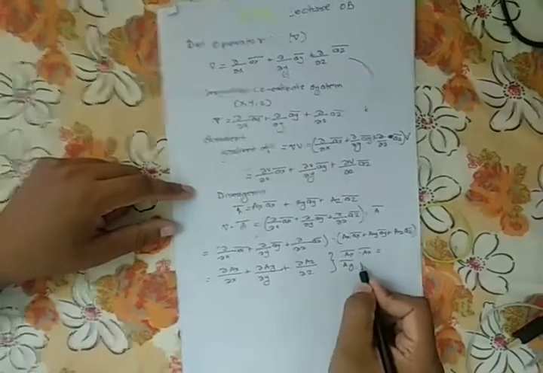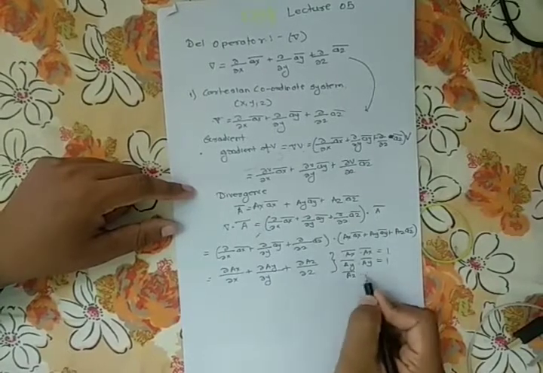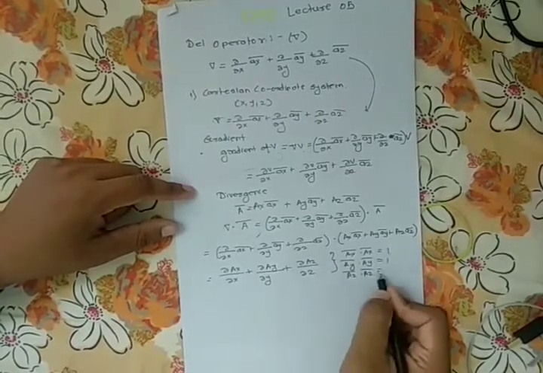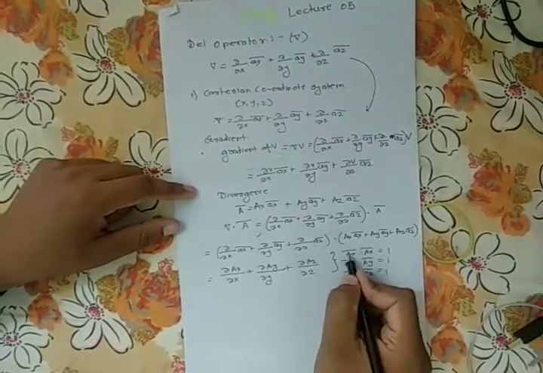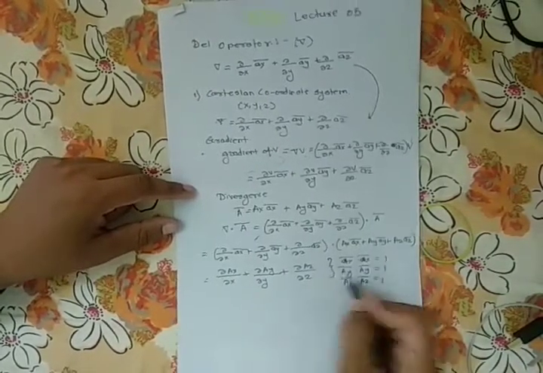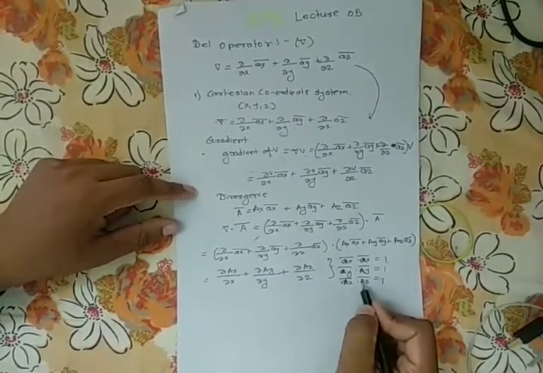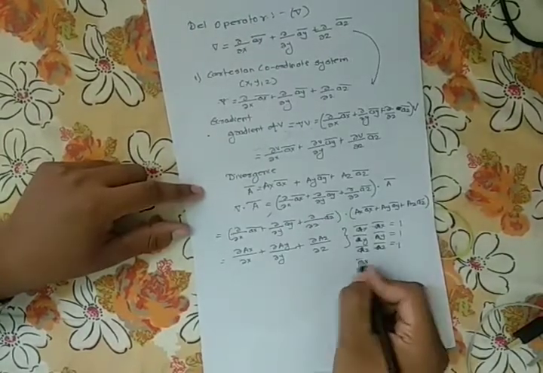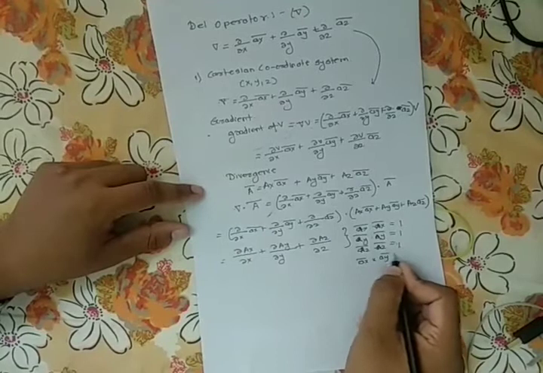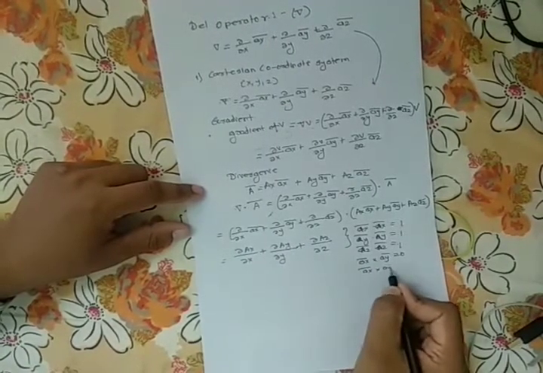Ay bar dot ay bar is equal to 1. Az bar dot az bar is equal to 1. Sorry, I have to use unit vector. And ax bar cross ay bar is 0.